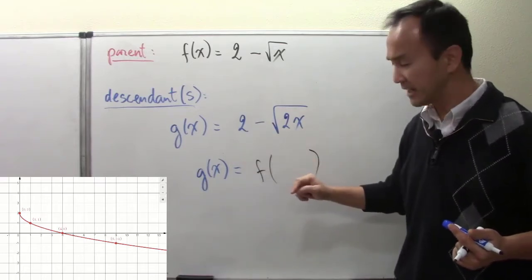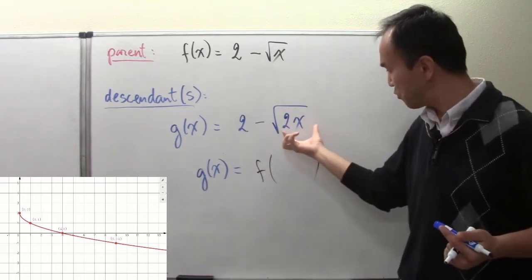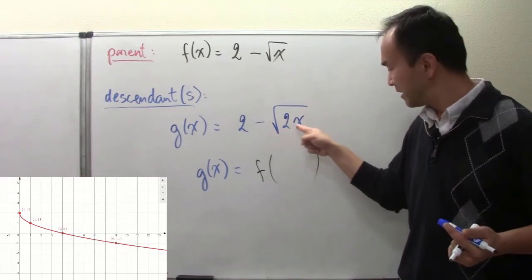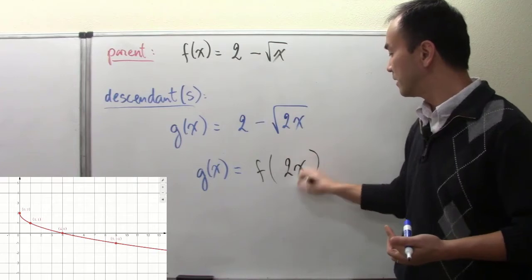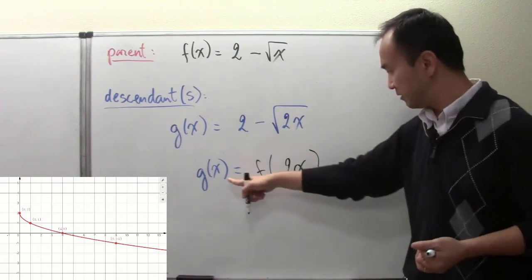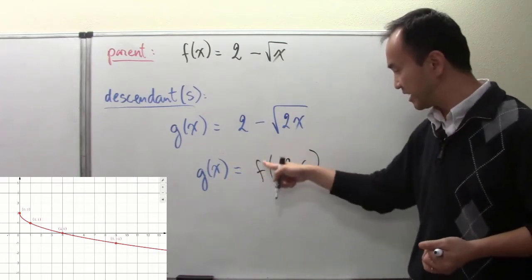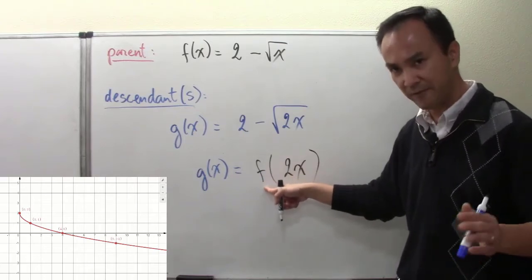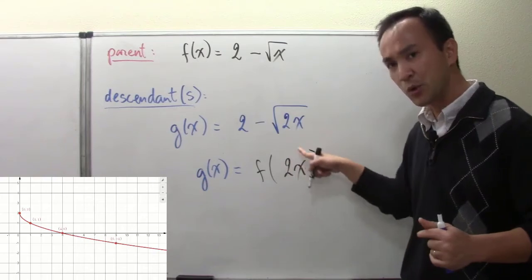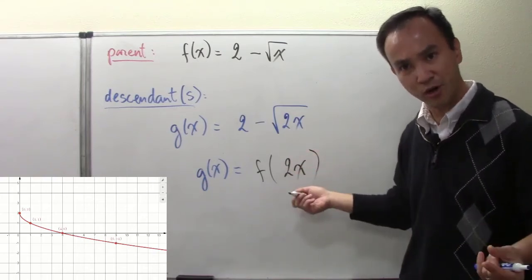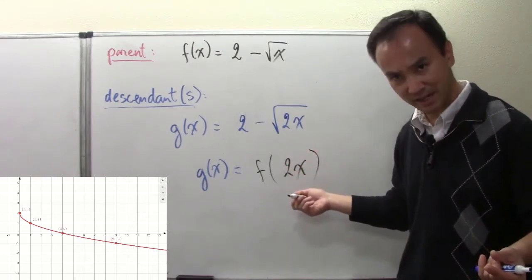So I recognize, wait a minute, couldn't the 2x be the input of the parent function? This blue version is the descendant, but really it came from the parent function that took the 2x expression as its input. Now I make that connection.